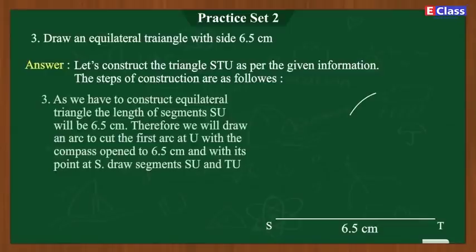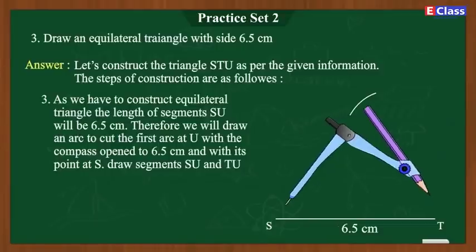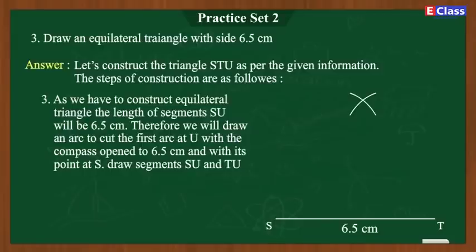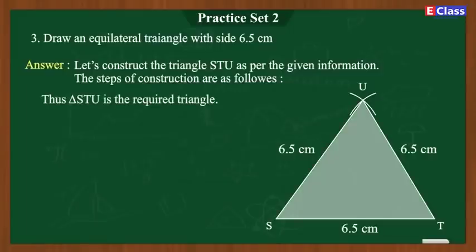As we have to construct equilateral triangle, the length of segment SU will be 6.5 cm. Therefore, we will draw an arc to cut the first arc at U with the compass opened to 6.5 cm and with its point at S. Draw segments SU and TU. Thus, triangle STU is the required triangle.